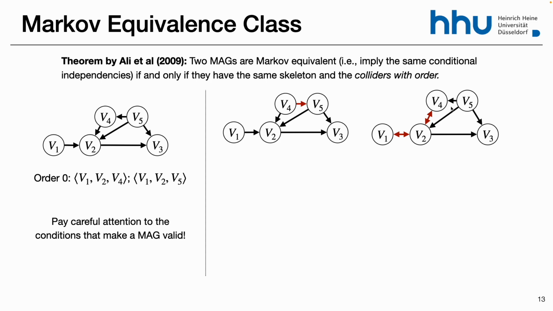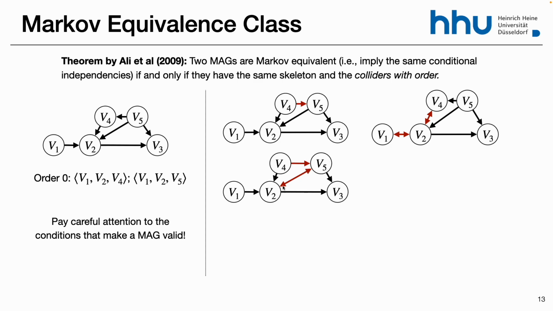So what would happen if I flip V2 and V4 into a bidirected edge? You cannot do it. It's an almost cycle. So I cannot have a MAG where this is a bidirected edge. Although it's not creating any other colliders that it shouldn't, it's violating the conditions of being a MAG, right? This is also fine.